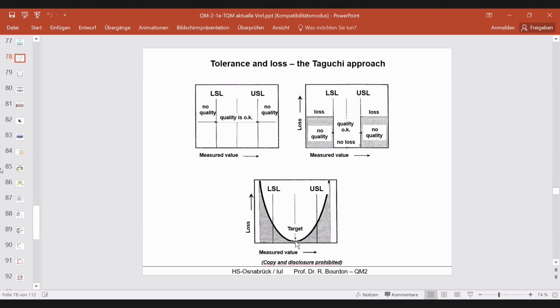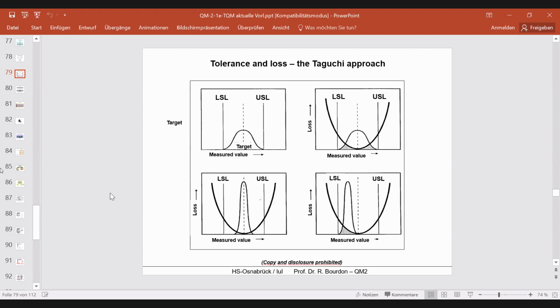And he had shown this and proved this in many cases, in many examples. Maybe a component in a car is getting cracks, or it is making noise after 2 years or 3 years and not after 15 years, the more away the value is from the target. So even inside the tolerance, this is what he found out.